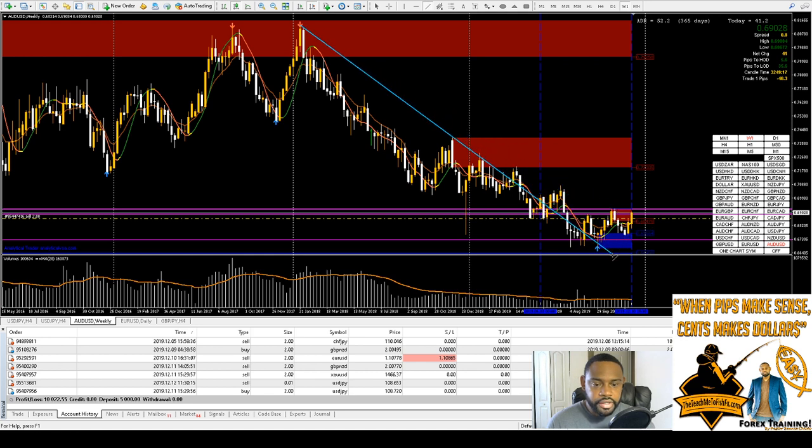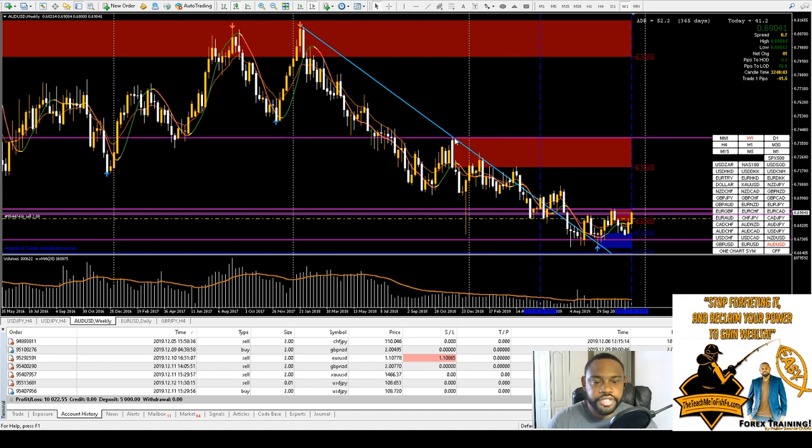But even if we came here, the trend line was broken, but the actual downtrend has not ended yet. This downtrend really will not end until we break this price point right here. This is on the weekly.